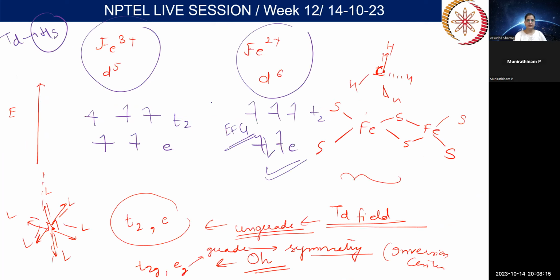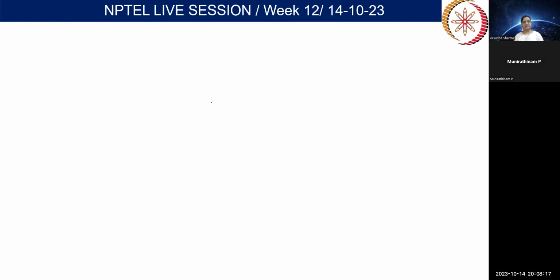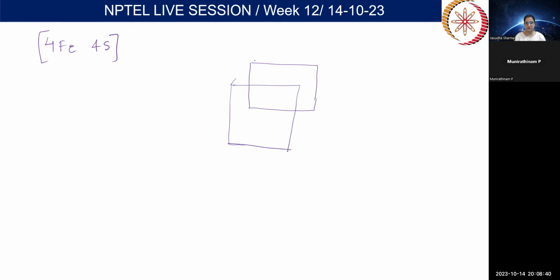Now we will take up another example of the same iron sulfur systems. Next we have taken the 4 iron 4 sulfur. Last time we had 3 iron and 4 sulfurs. So there we can have this cube type of structure, so here would be iron.